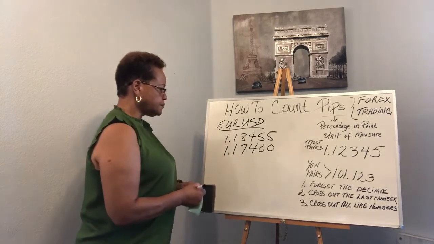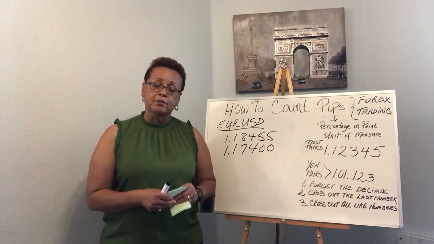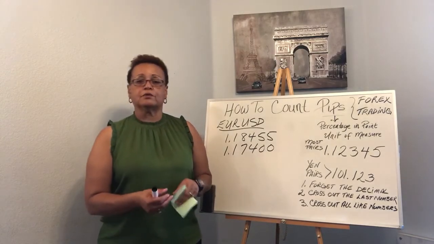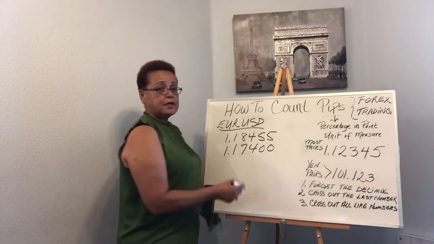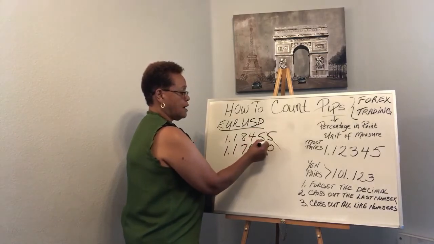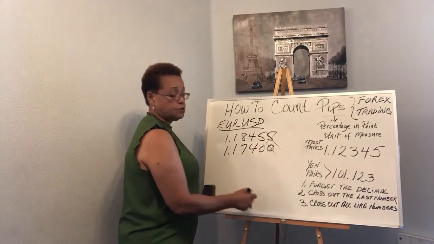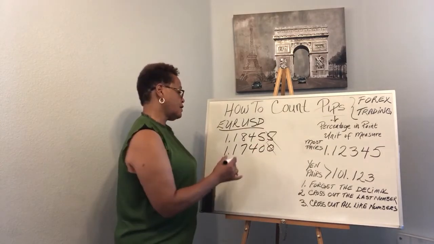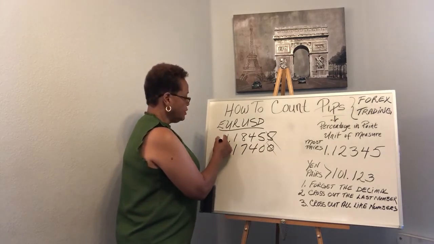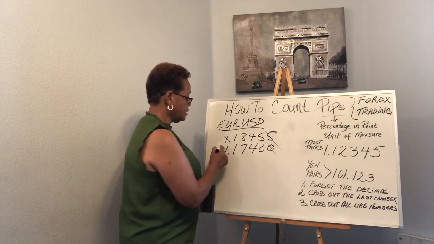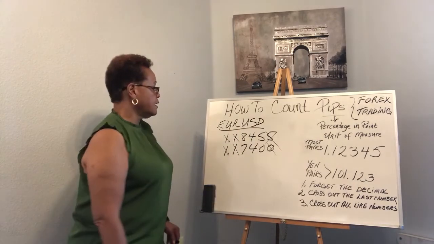So now, the rule is to forget the decimal point, cross out the last number, and cross out all like numbers. So we're going to do just that. Forget about the decimal, cross out the last number. You can exit out or just draw one line through it, however you want to do it is fine. And now cross out all like numbers, all numbers that are the same, just like that.